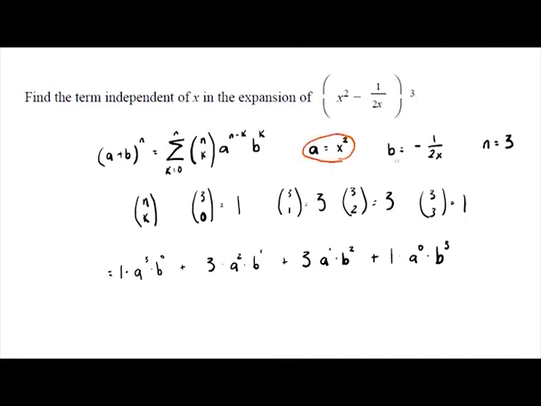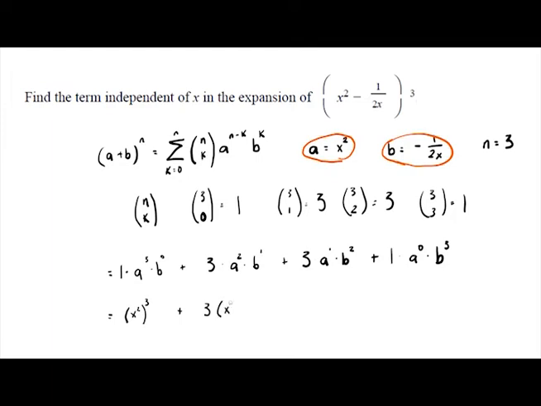Okay, so then we just plug in each of these variables that we have up here for a and for b. Taking note that b does have a negative, so we have to remember that that is there. So plugging that in, we have 1 times a cubed. So a is x squared cubed times b to the 0 power, which is 1, plus 3 times a squared.